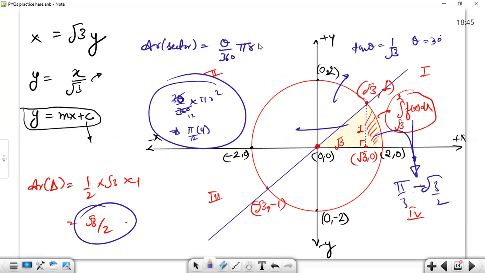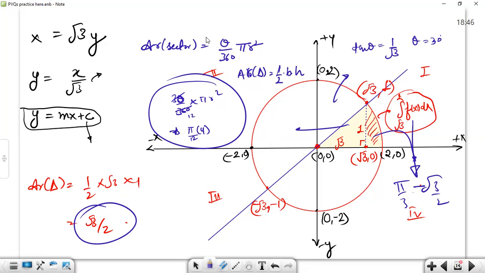The question was straight away solved by using these two formulas, area of sector and area of right angle triangle. I was just solving this question using integration because it was my obligation to teach you in this manner. Otherwise, in exams, you have to be very smart and use smaller methods, half into base into height. Is this question clear?